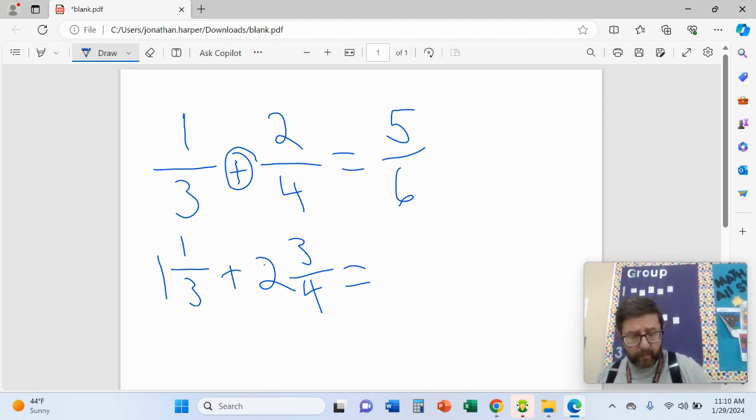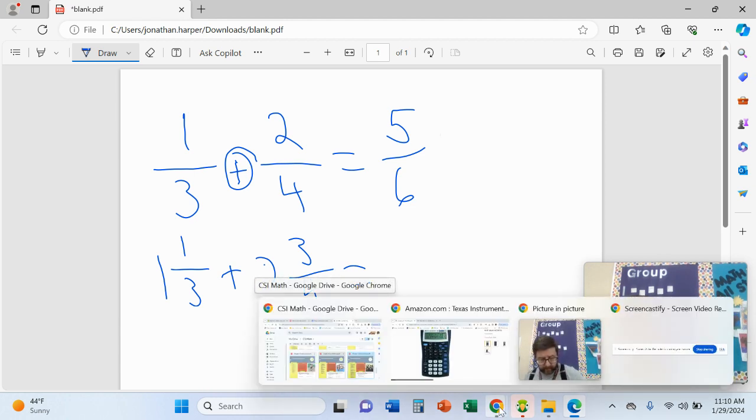Okay, so we enter 1. Enter the 1 right here. Then you hit fraction button 1, and then you hit fraction button again 3. So let's go back over here. Let's do fraction button 1, fraction button 3.